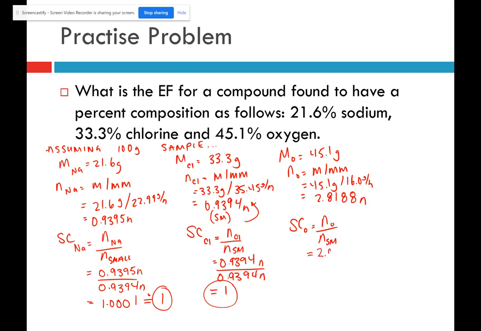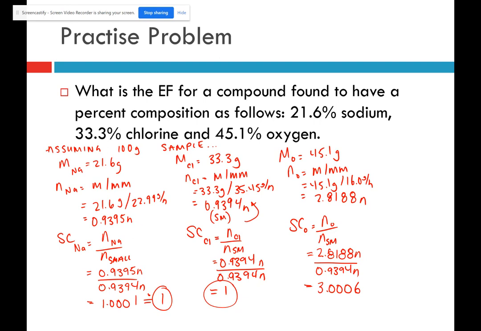So this is going to be 2.8188 moles divided by 0.9394 moles. That's going to give me 3.0006.